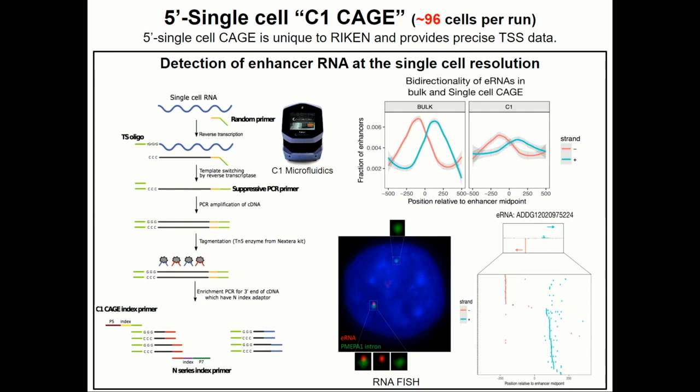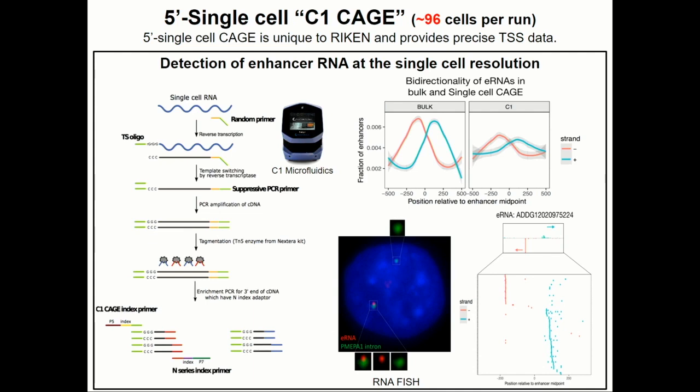The cases where we see expression in both orientations are fairly rare, suggesting that the RNA polymerase tends to land in the same cells, or at least on the same chromosome, in the same orientation, one side or the other. Of course, we didn't prove that with structural studies, but it's most likely to be the case.